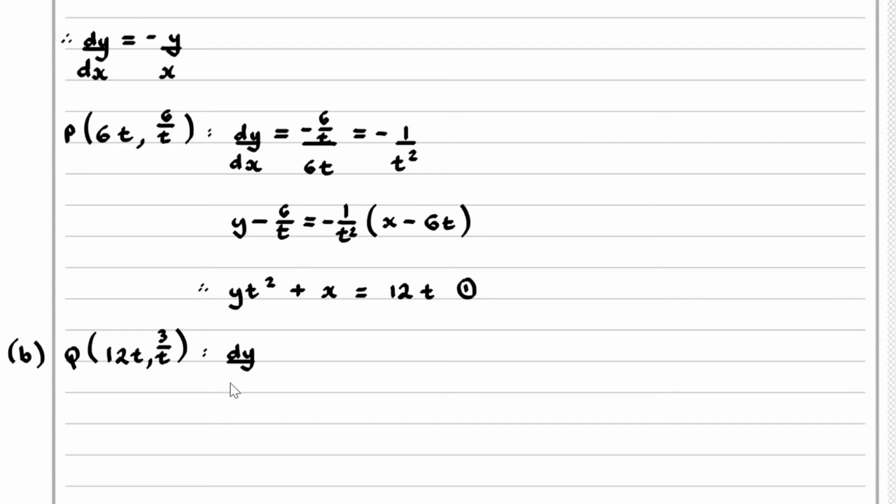So we end up with dy over dx equals, well, I would have minus 3 over t over 12t, which is equal to minus 1 over 4t squared.